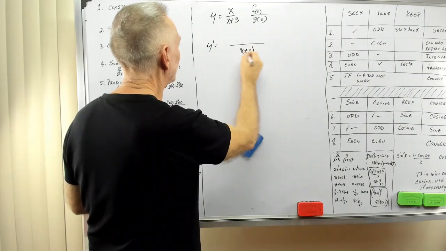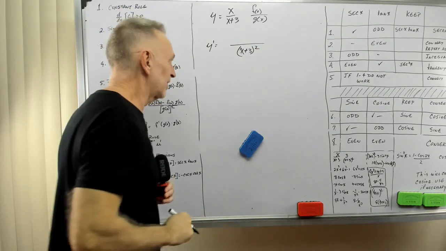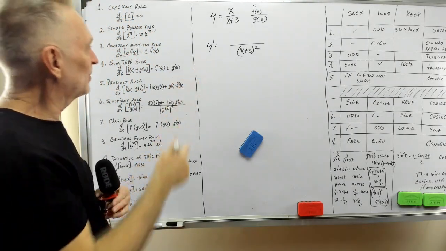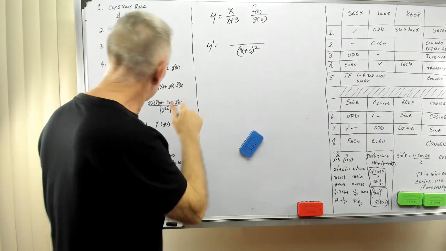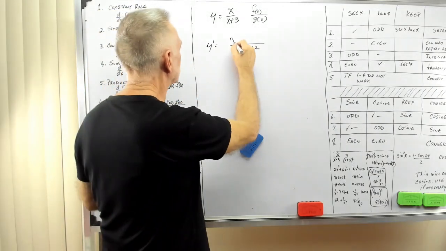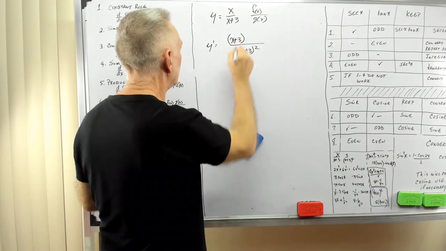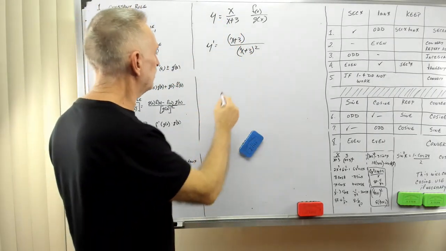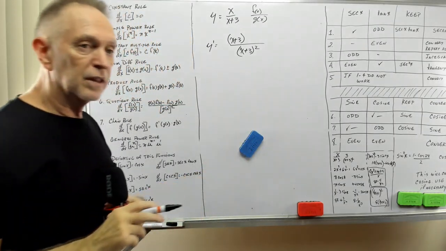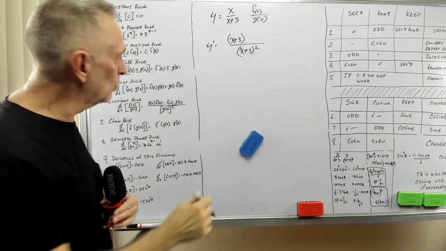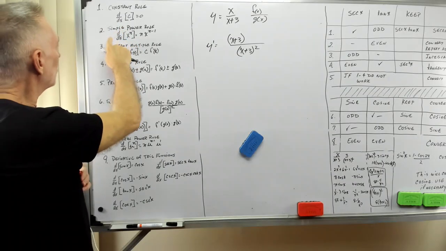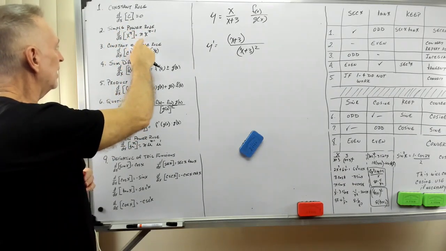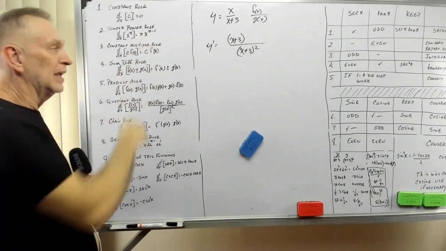g of x squared, x plus 3 squared, okay? All right, because I usually forget it. That's my kryptonite with this method. So it says take the bottom function, so we have x plus 3 times the derivative of the top function. What is the derivative of x? If we use the simple power rule, this one right here says x to the n, bring the n down, times x to the n minus 1.